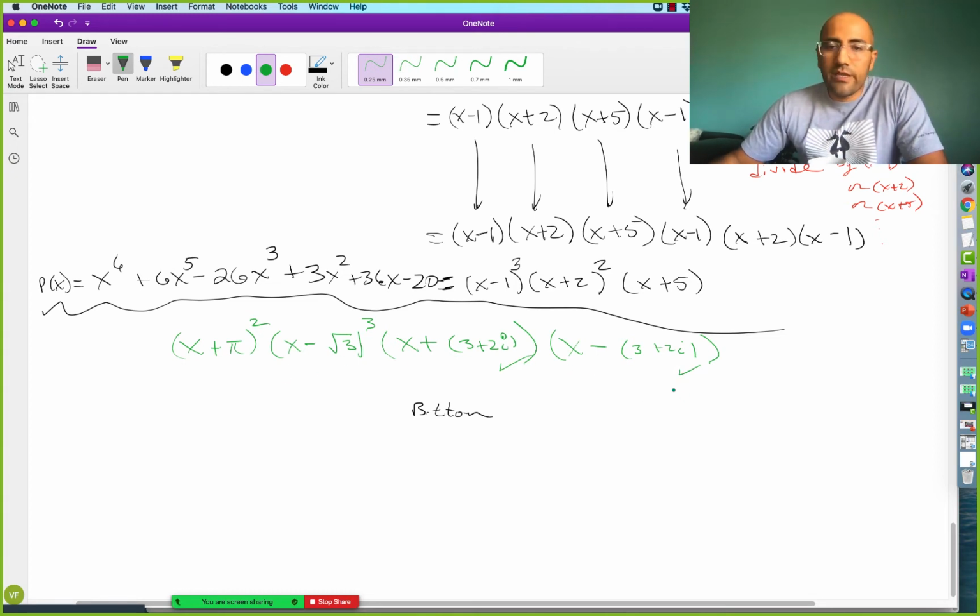This thing is really ugly. And this process we just described really wouldn't help us too much with this, right? Especially if this was raised to certain powers, right? So then maybe this guy is also raised to the power of, I don't know, 4. This raised to the power of 2. You know, this thing's really, really nasty. So in a case like this, the list of possible rational zeros really wouldn't help us.